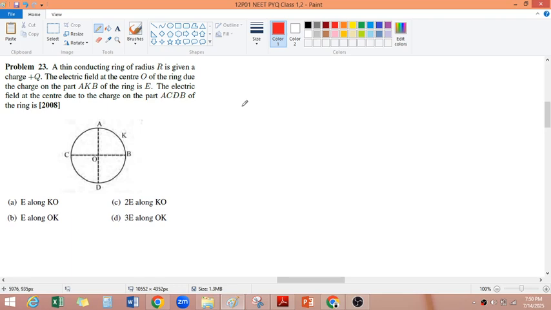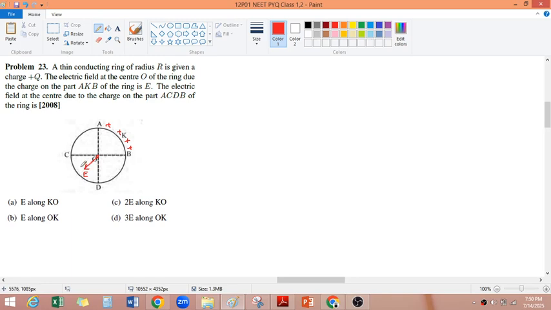Electric field at the center O of the ring due to the charge on the part AKB is E. So that means because of this region alone, the electric field, I put here, it will be pushing the charges somewhere here this way. Because of these plus charges, it will get pushed this way. So that means the electric field is this way, E.